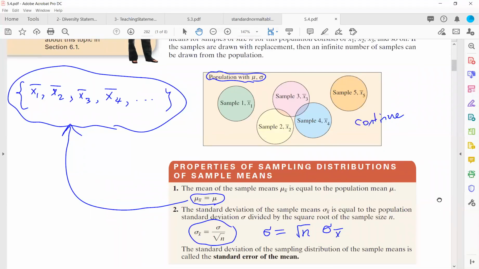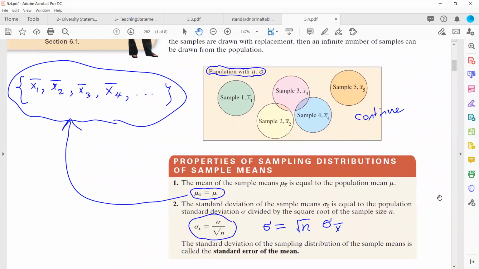This is called the central limit theorem.